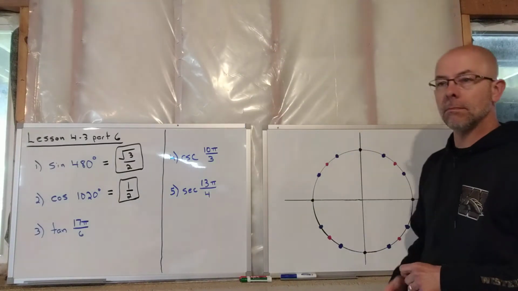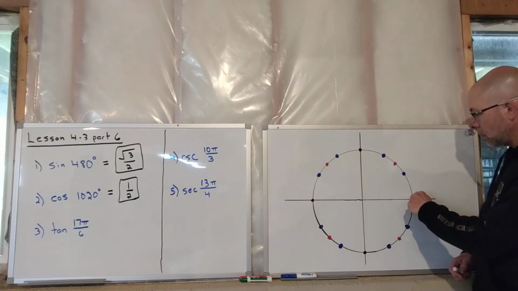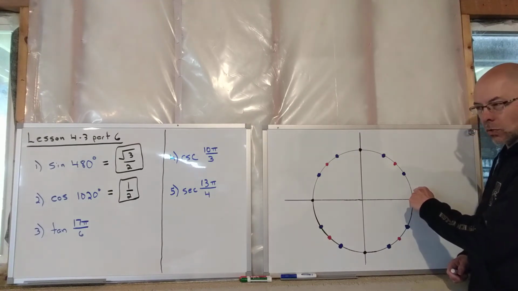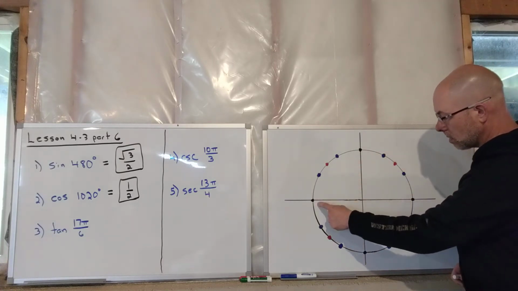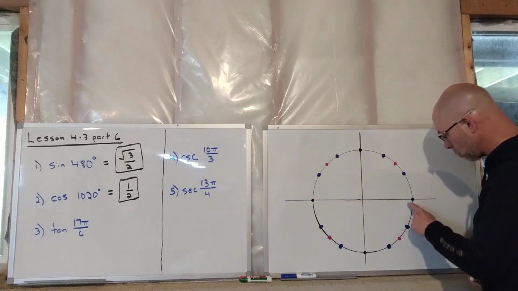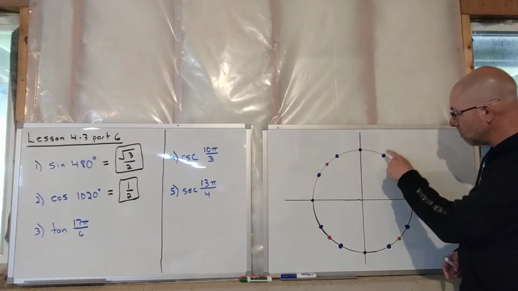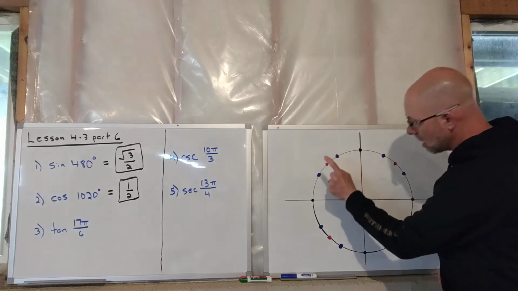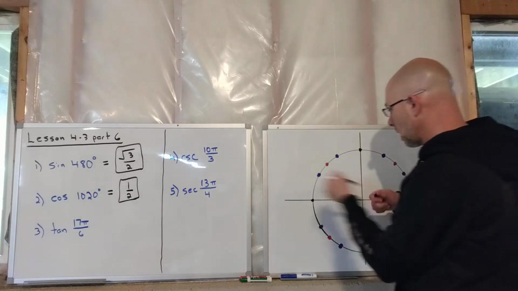Now, I'm going to quit saying 1/6, 2/6, 3/6, and just count 1, 2, 3, 4, 5, 6, 7, 8, 9, 10, 11, 12. All the way around the circle's 12, and think about that. 12/6 is 2, 2 pi. Keep going. 13, 14, 15, 16, 17. I'm right there.